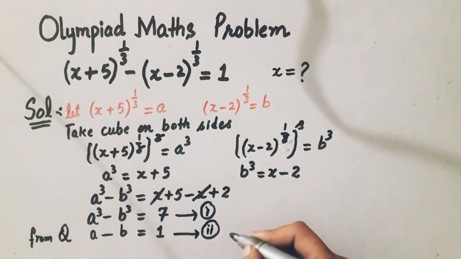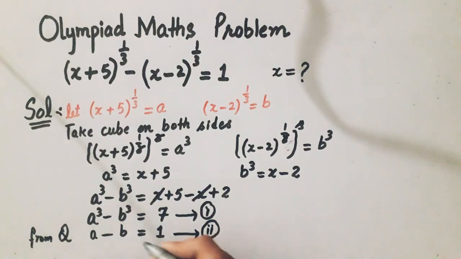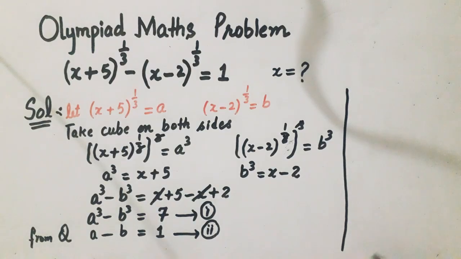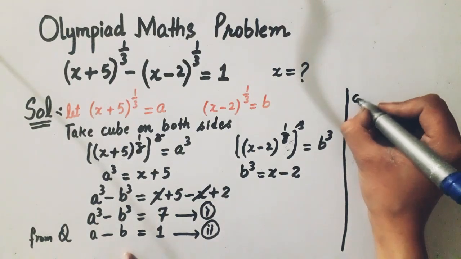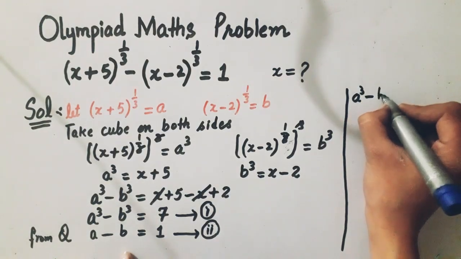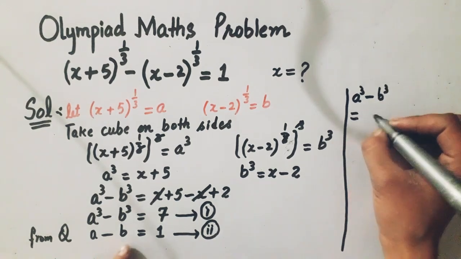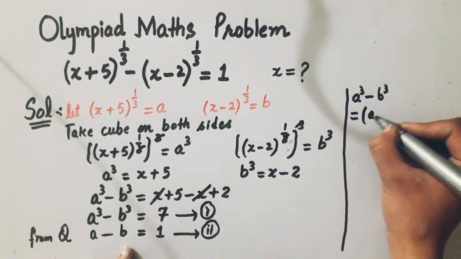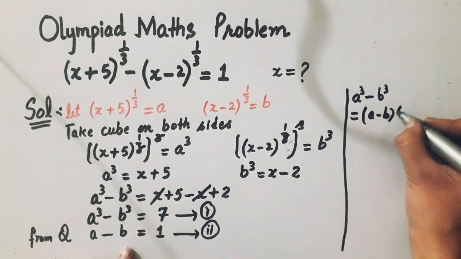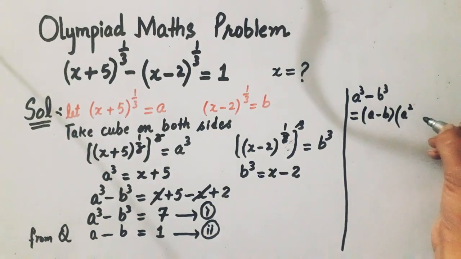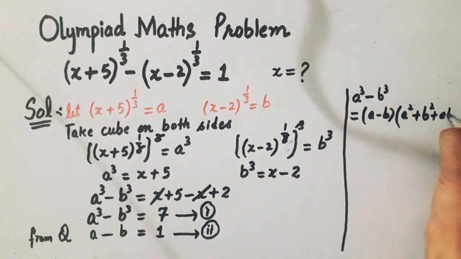Now we will solve this, consider these two equations. So a cube minus b cube equals a minus b into a square plus b square plus ab.